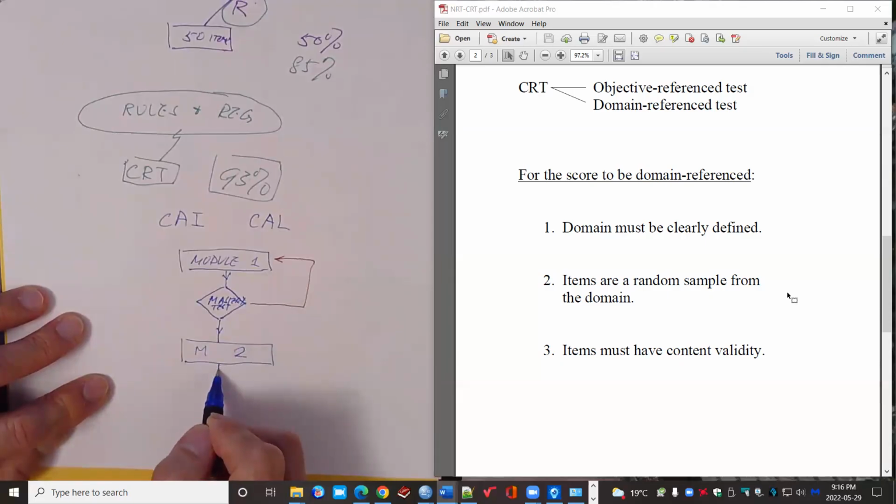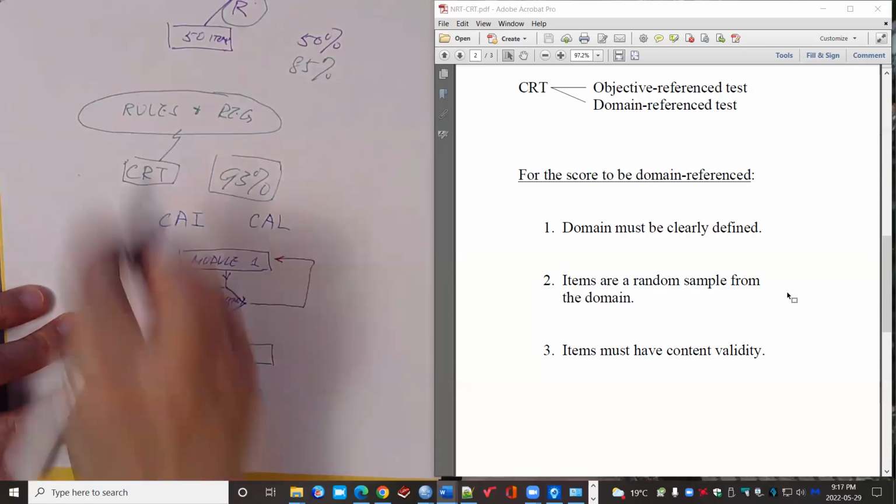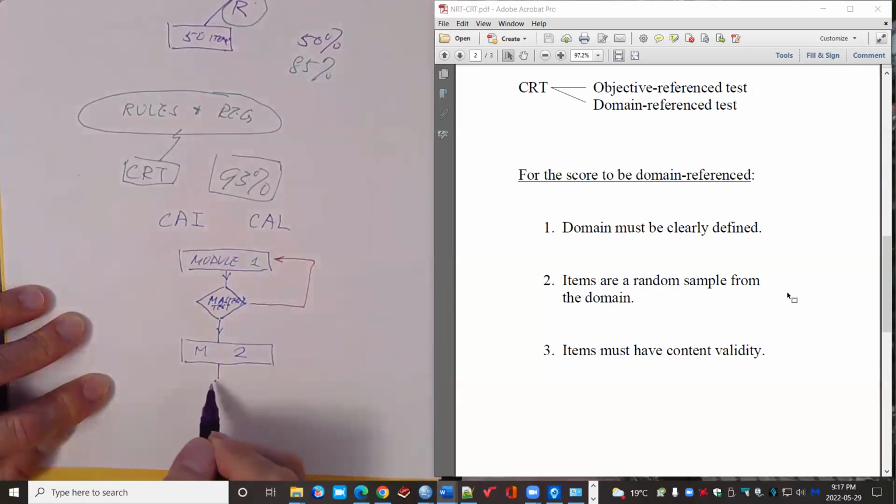Then here, another one. Let me change the color. Mastery test number 2.